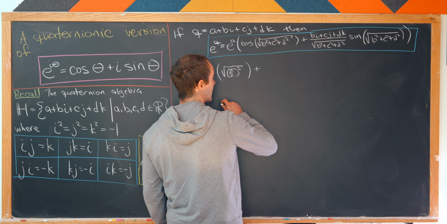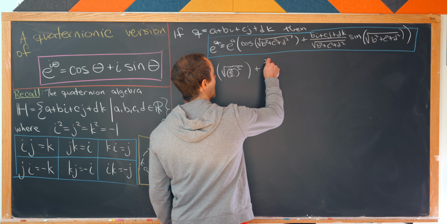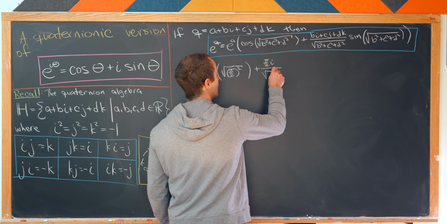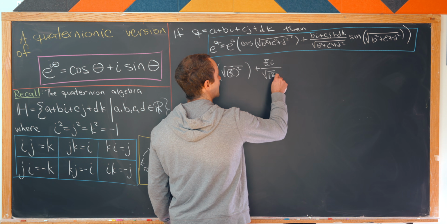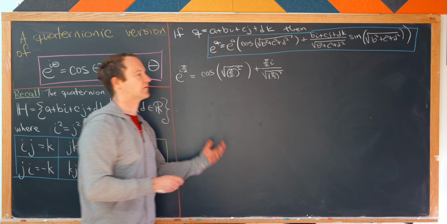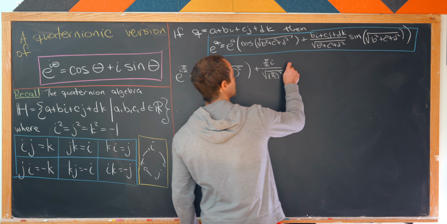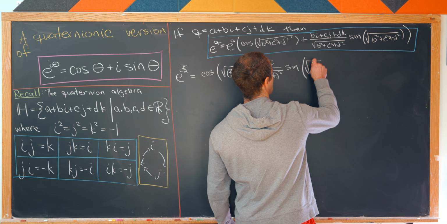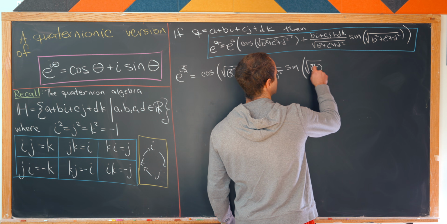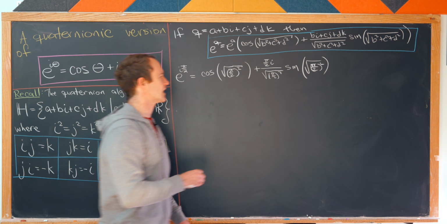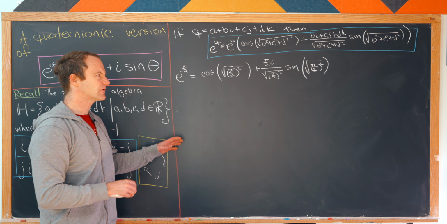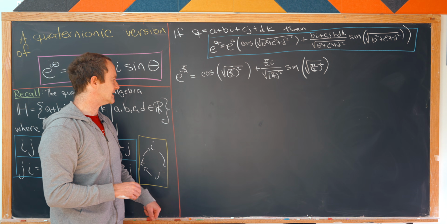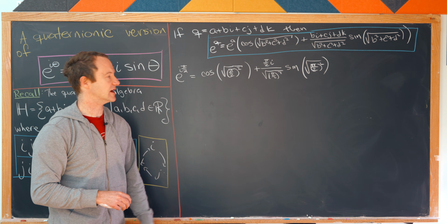And then plus pi over 2 times I over the square root of pi over 2 squared, for the same reason. And then again, the sine of the square root of pi over 2 squared.